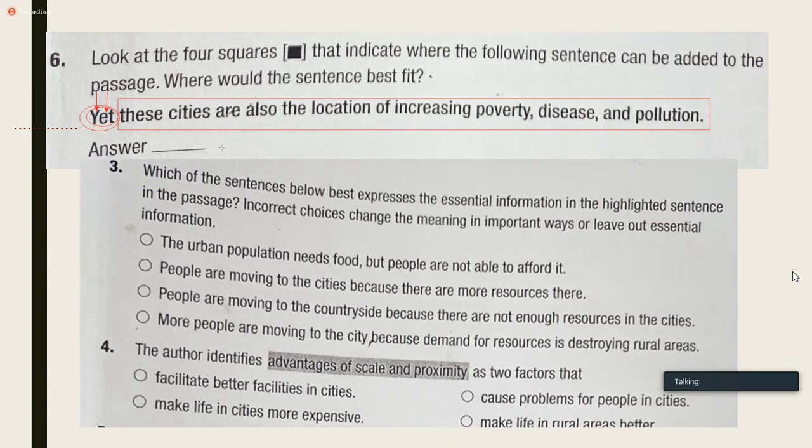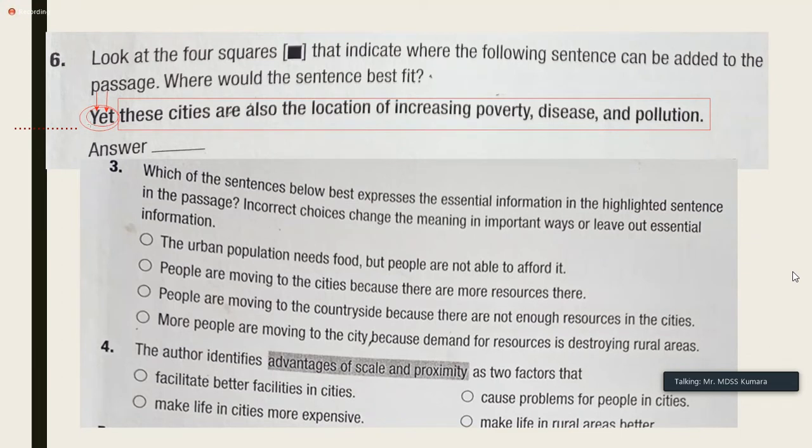Because this sentence gives a negative effect of urbanization, and the writer has used the conjunction yet here, this is introduced as something surprising as opposed to what is said earlier.